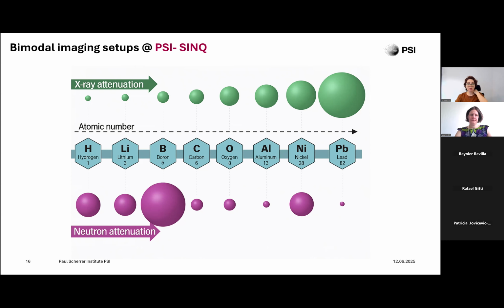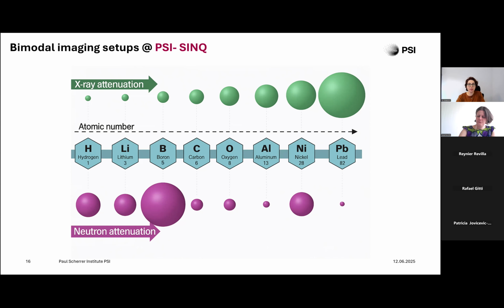Because of these different mechanisms, X-ray attenuation increases monotonically with Z number. Heavy elements in principle, such as lead, absorb and scatter X-rays very strongly compared to the light elements, while neutron attenuation peaks at a few neutron-hungry light nuclei and remains low for most heavy elements.